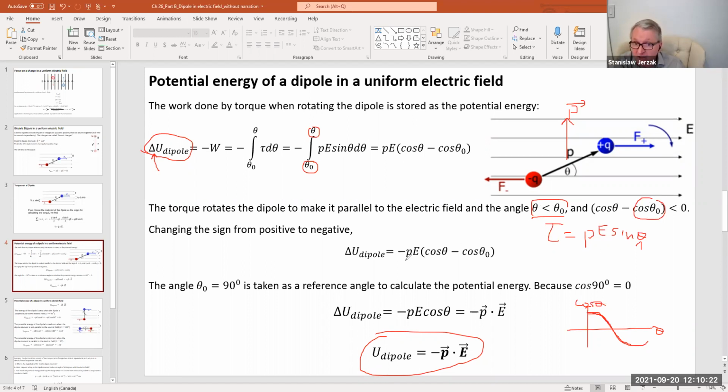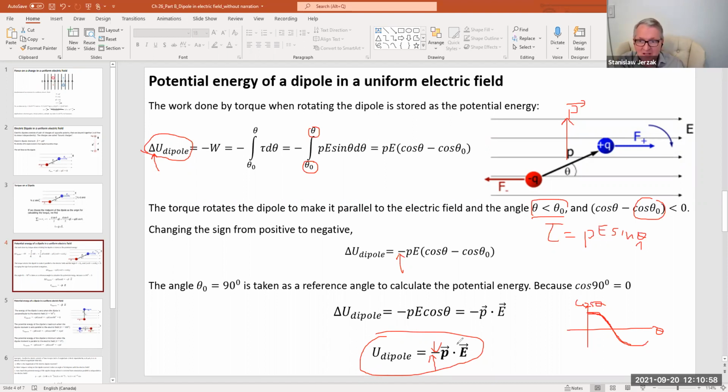I have to take this into account by including this negative sign here. That's the reason, because this angle theta under the action of the torque will be decreasing. That's the meaning of this negative sign: in this expression for potential energy, the negative sign must be there, because only then will the energy of the dipole calculated relative to the perpendicular orientation be all correct. So this negative sign should never be missed.